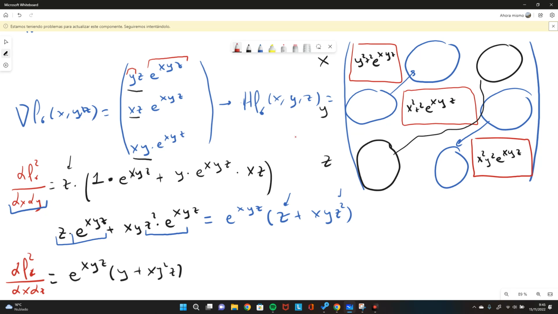And when I do this it's just symmetric, so I can think this is going to be like that. And you can actually try, of course, y and then z is going to be just e to the power of xyz times x plus x squared yz.